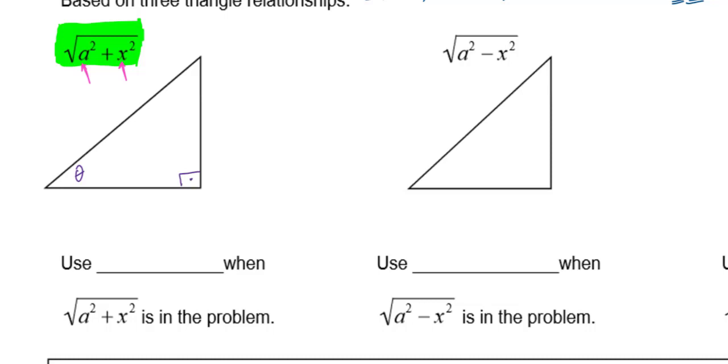If you're adding those together, do you remember the Pythagorean theorem is the sum of the squares of the legs of the right triangle equals the square of the hypotenuse of the right triangle.